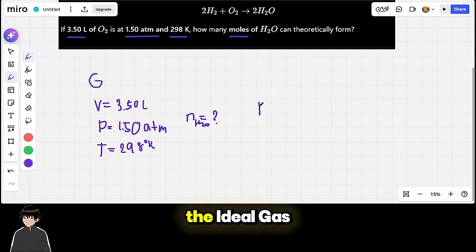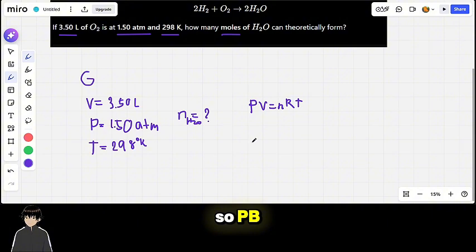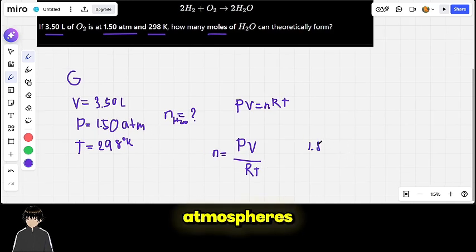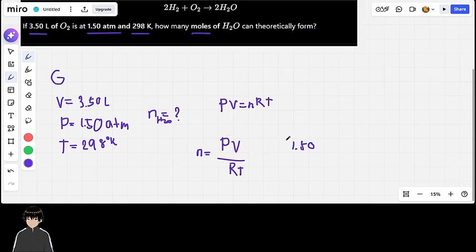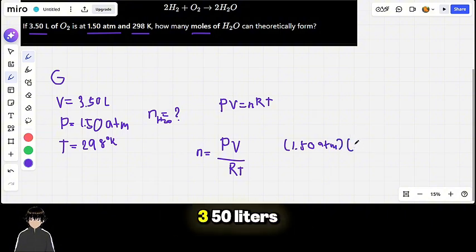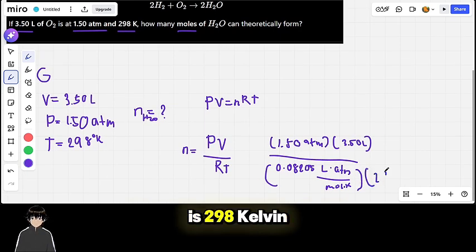So let's use the ideal gas law formula. So PV over RT: pressure 1.50 atmospheres, times volume 3.50 liters, over the ideal gas constant, which is 0.08205, times temperature, which is 298 Kelvin.